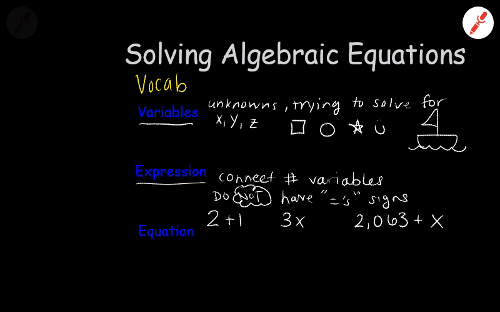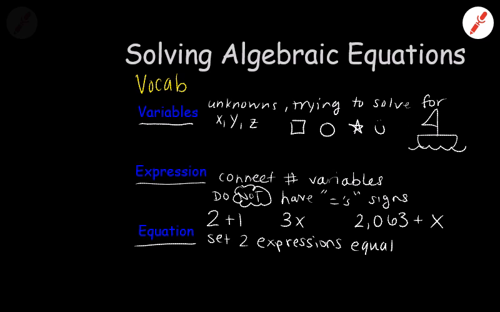Now we will move on to equations. And equations are very similar to expressions, except that equations set two expressions equal to each other. And they are set equal to each other by using the equal sign. It makes quite a bit of sense.